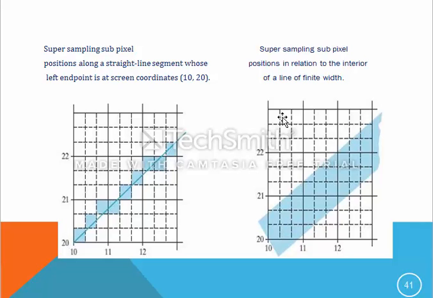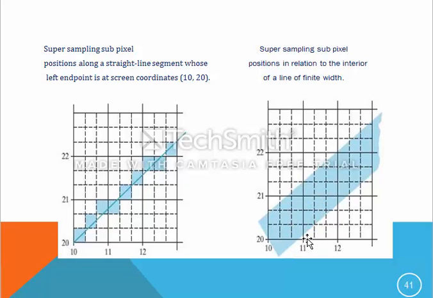Now, if we take the finite width of the line into account, we can perform supersampling by setting pixel intensity proportional to the number of subpixels inside the polygon representing the line area. A subpixel can be considered to be inside the line if its lower left corner is inside the polygon boundaries. An advantage of this supersampling method is that the number of possible intensity levels for each pixel is equal to the total number of subpixels within the pixel area.